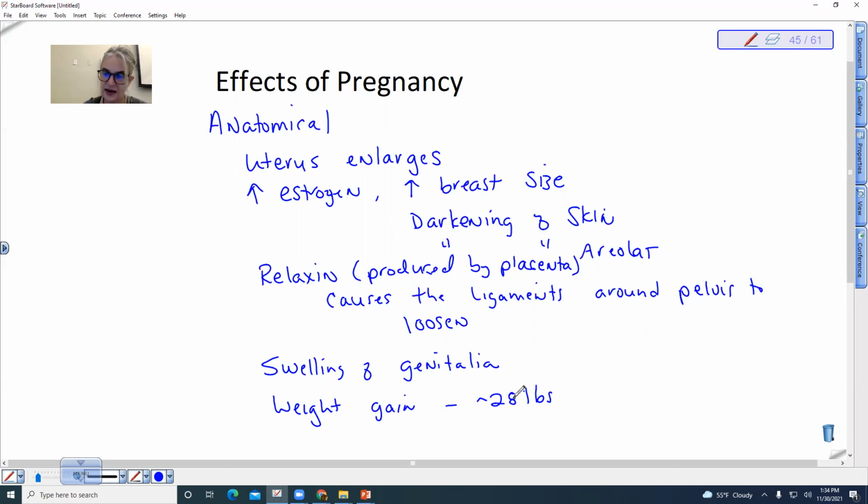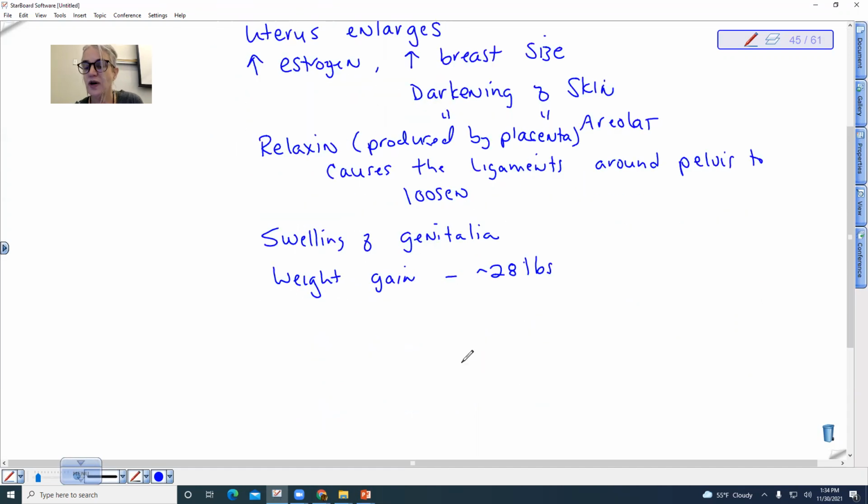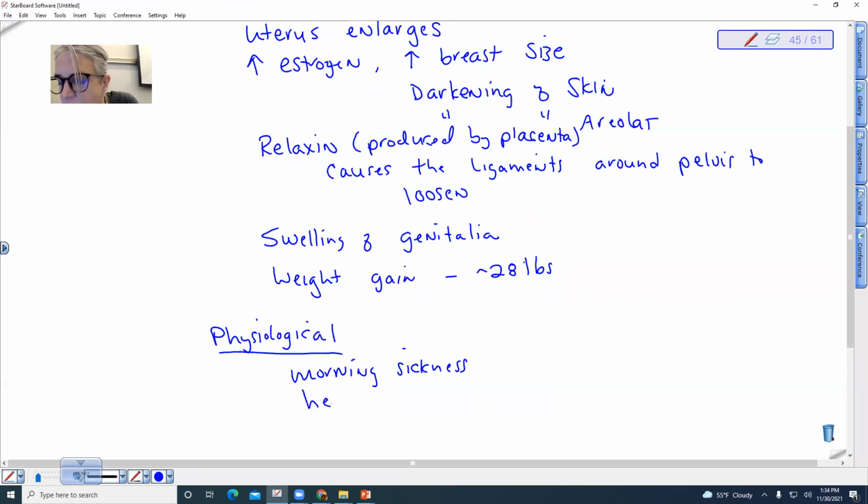Now, physiologically, we have differences in hormones. For example, we could get morning sickness, and I mentioned that some people believe that might be due to high HCG levels. We might have heartburn, which might be due to the uterus pressing on the stomach.